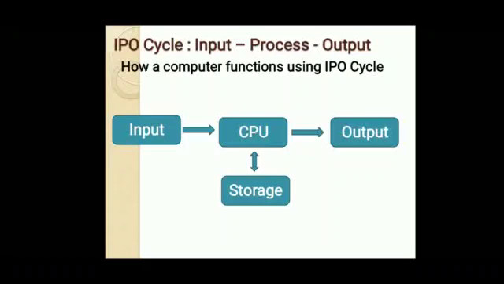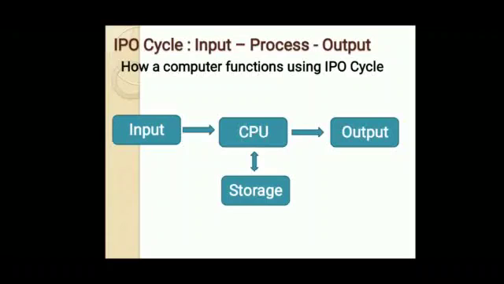Example, suppose I want the calculation 5 plus 2. Using the keyboard I send that calculation, 5 plus 2, to the CPU. What does the CPU do? The CPU calculates the data and gives the output 7 on the monitor, or through the printer. So this is the work of a computer.